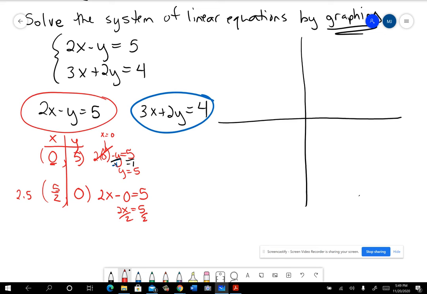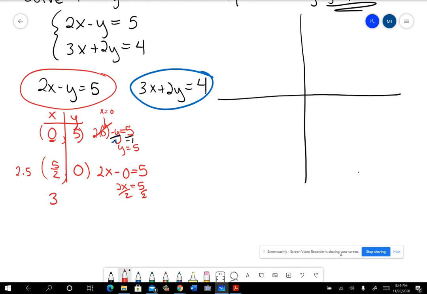All right. And then you might find another ordered pair. For instance, if I plug a 3 in for x. Okay. Then, and see, a lot of people hesitate. Well, what should I plug in? You can plug in anything you want and just work out what the other coordinate should be. So I could plug in a 3 for the x.